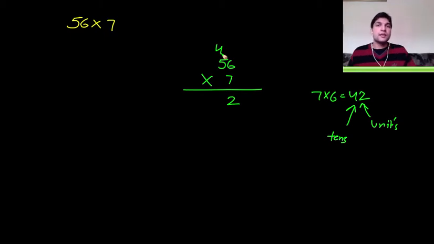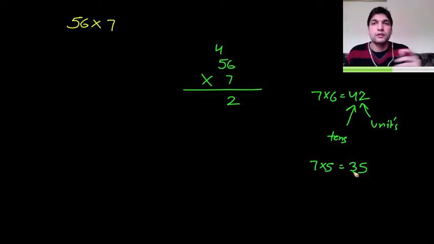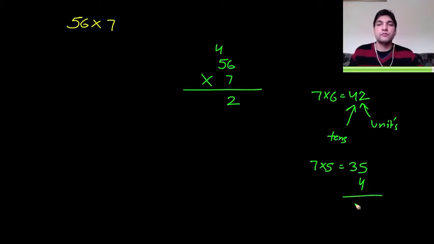Alright, and then we will multiply 7 and 5. We know this is always 35. So we got this as 35, and we had this 4 carried forward. So this 4 will be added with this 35 to give us 39. So we will write 39 here.